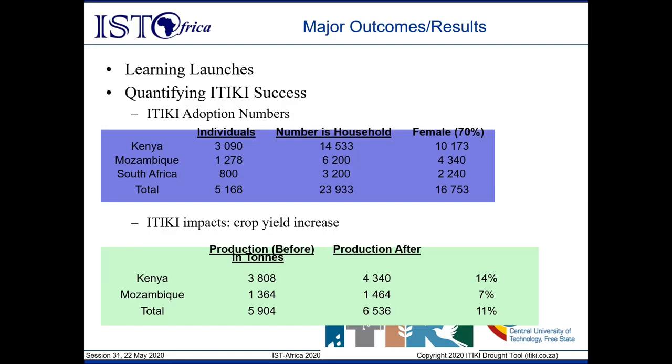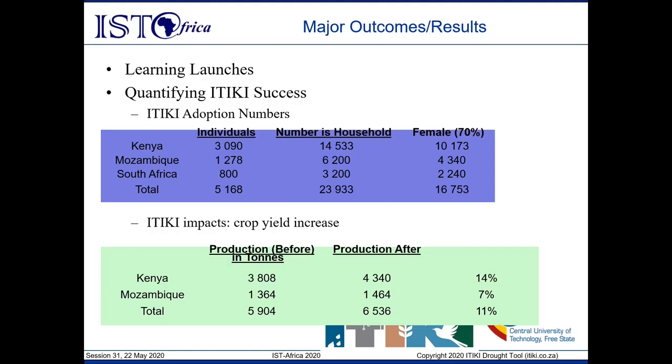From 2017 until now, we've been able to expand the original operation that was in Kenya to slightly over 10,000 farmers. We also have farmers in Mozambique. As you can see the numbers here, these numbers have since grown. And we also have farmers in South Africa.